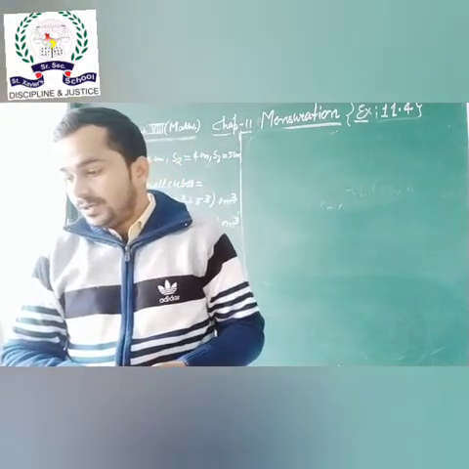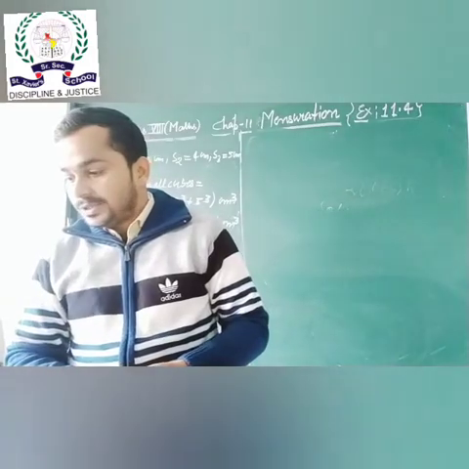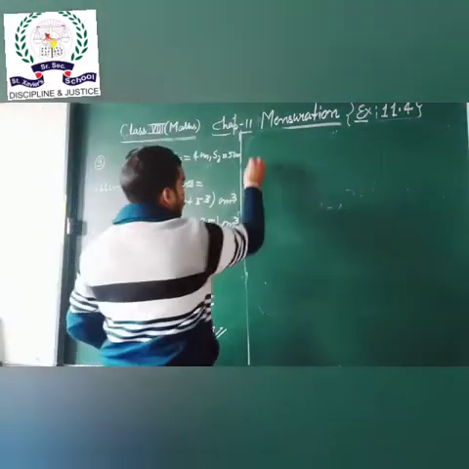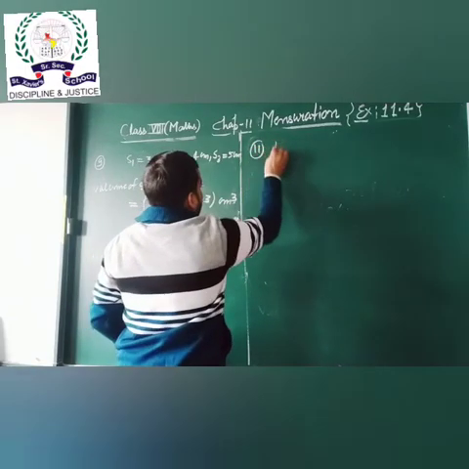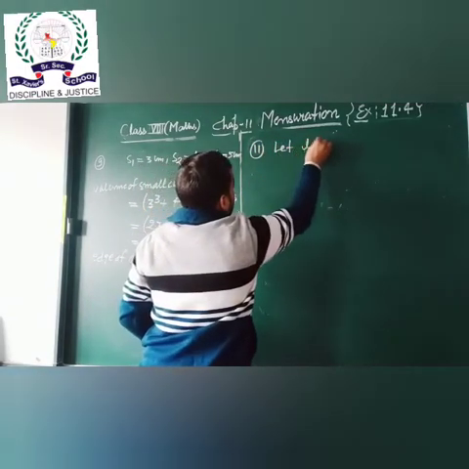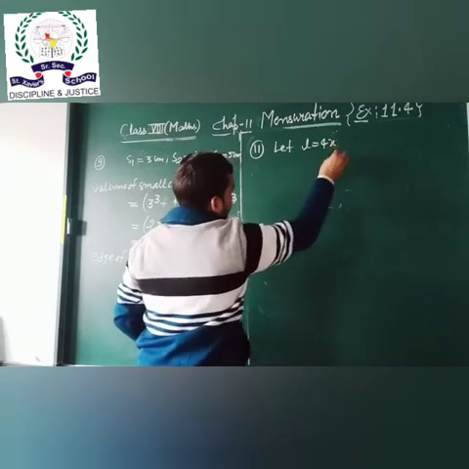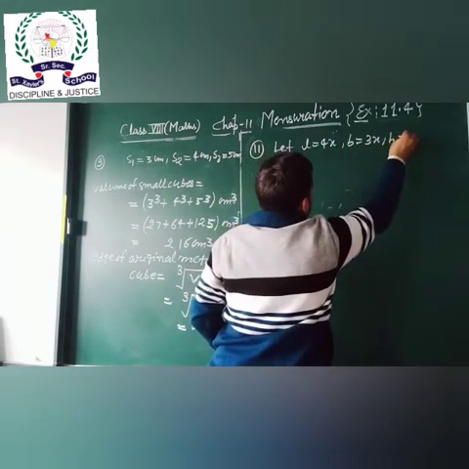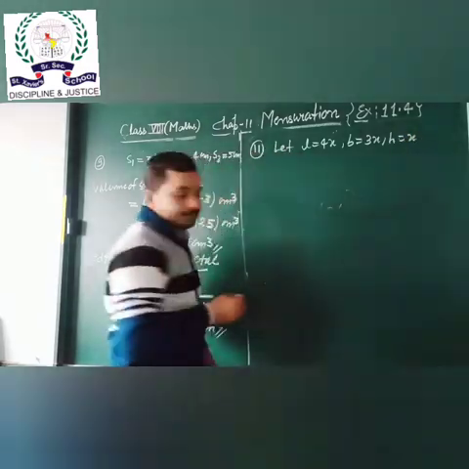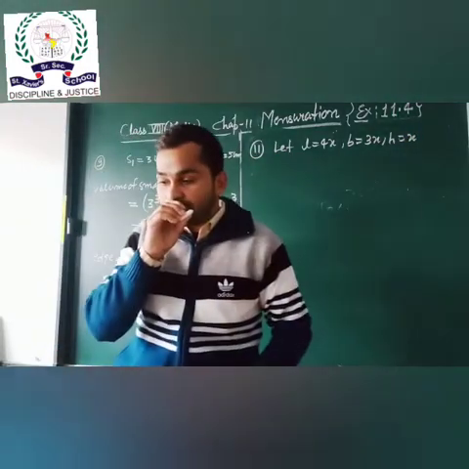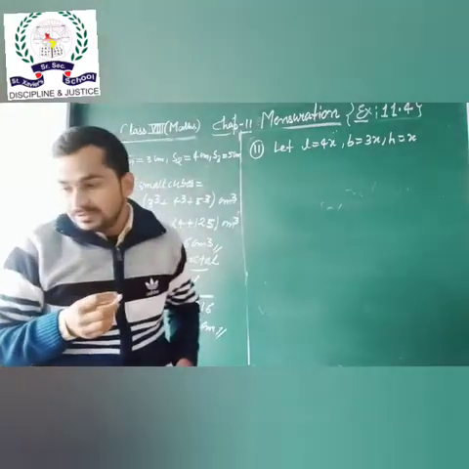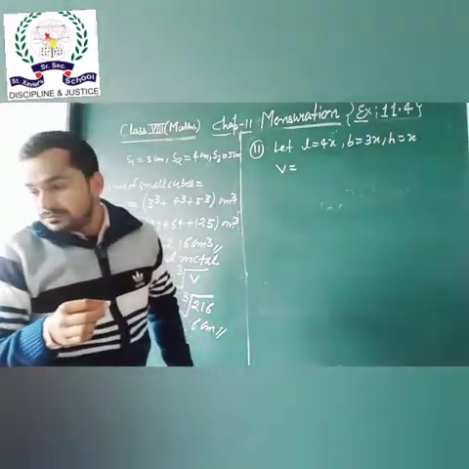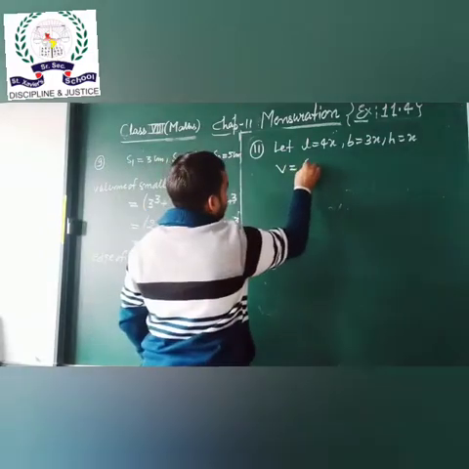Now question number 11. The dimensions of the pool are given in the ratio 4:3:1. So let the length equal 4x, breadth equal 3x and height equal x meter, because it is in the form of the ratio 4:3:1, and the value is also given, 6144 meter cube.